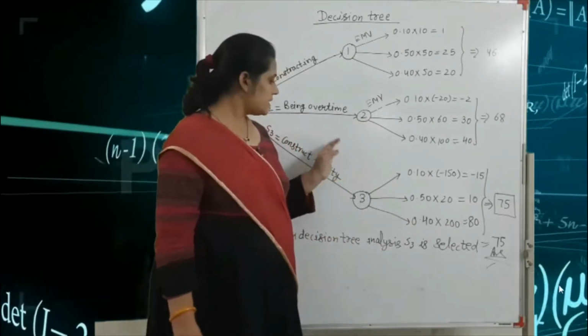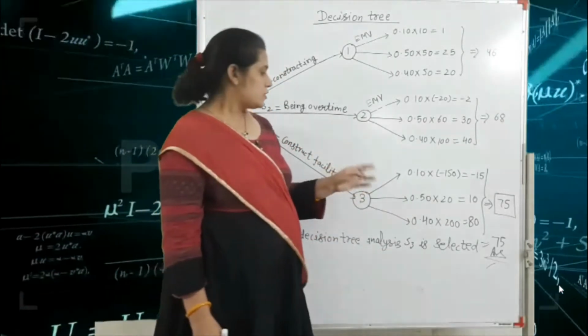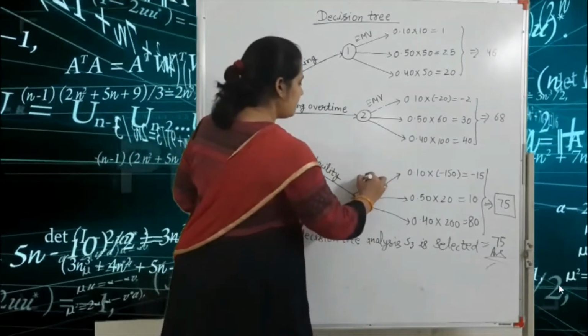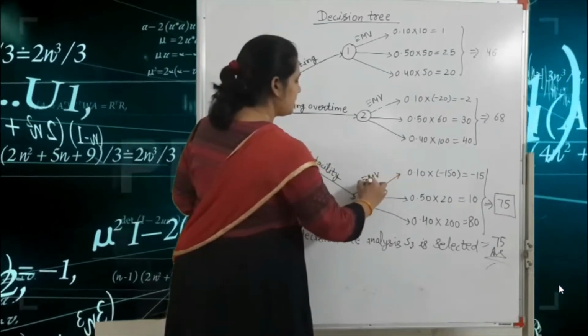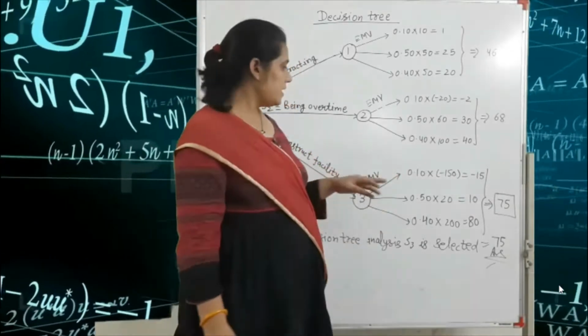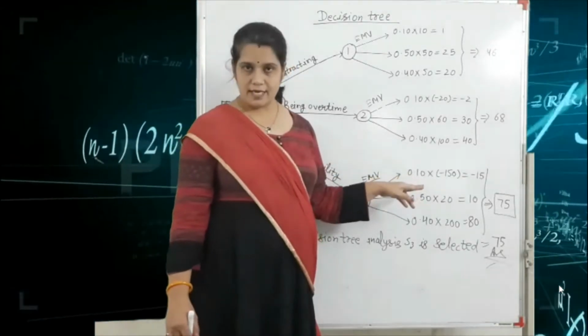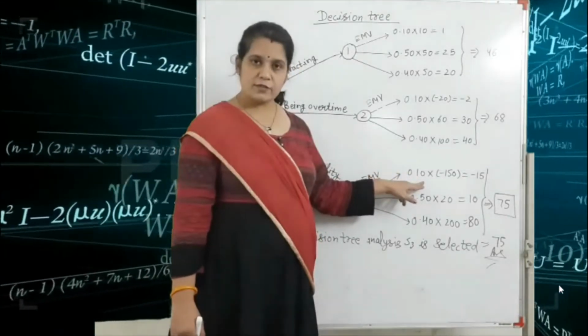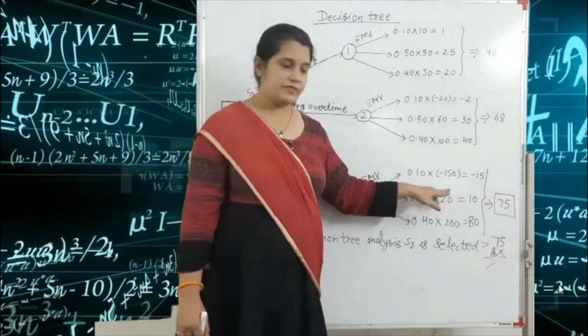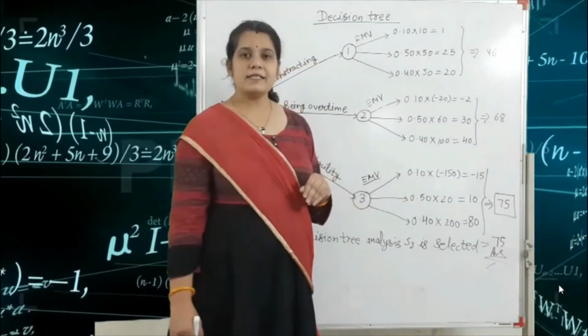Okay, third one is the third alternative. So again we find the EMV, that means expected monetary value. First probability is 0.10 into minus 150, equal to minus 50.